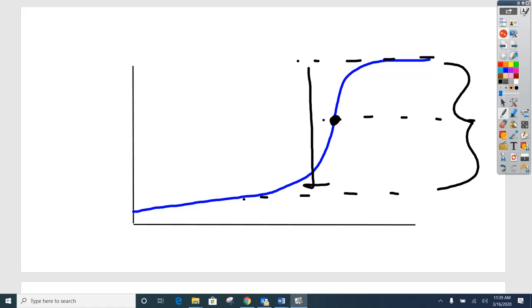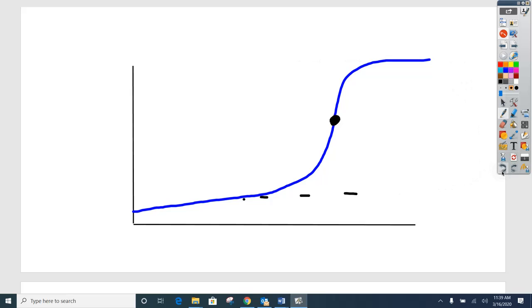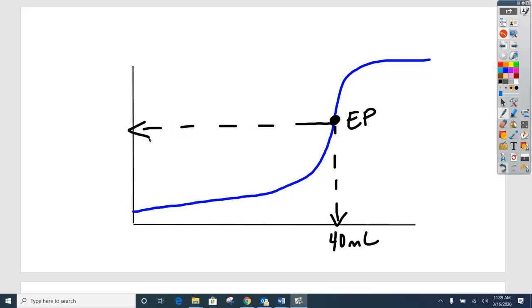Right, half the distance between those two lines is where you draw that dot. Okay? So, ladies and gentlemen, I'm going to label that equivalence point, that occurs in this case at 40 milliliters. And the pH at that equivalence point should be equal to 7, because the only thing present at that equivalence point is water.